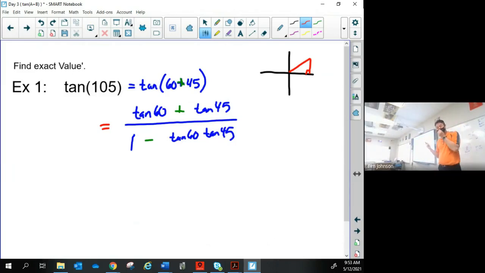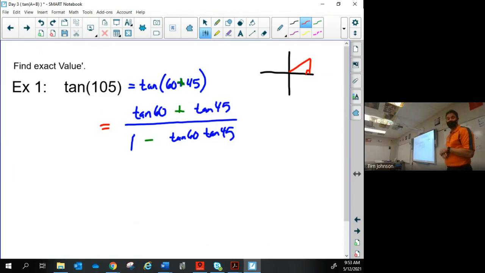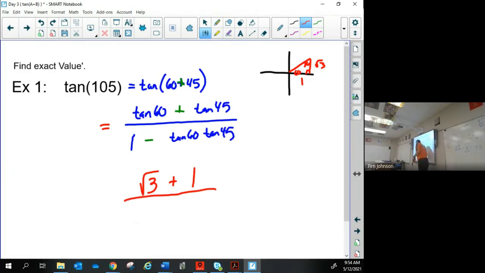Most of your calculus teachers just say, tangent of 60. What's tangent of 60 going to be? That's going to be the square root of 3 over 1. Yes, that's 60 right here. That's 30, square root of 3 all over 1 right here. So we have the square root of 3 right there. Tangent of 45 is 1 over 1. Then we have, after that, 1 minus square root of 3 times 1.